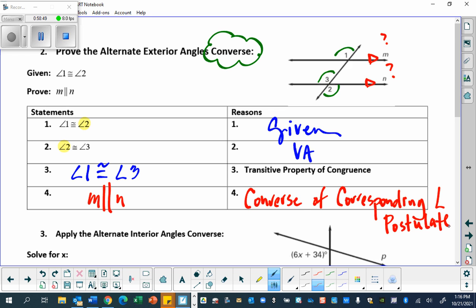Just make sure that I can know what it is. And if you don't use the word converse, you don't get it right. Because the corresponding angles postulate says if the lines are parallel, then corresponding angles are congruent. It's the converse that says if the corresponding angles are congruent, then the lines are parallel. So you have to keep straight in your head, are you proving congruent angles or are you proving parallel lines?